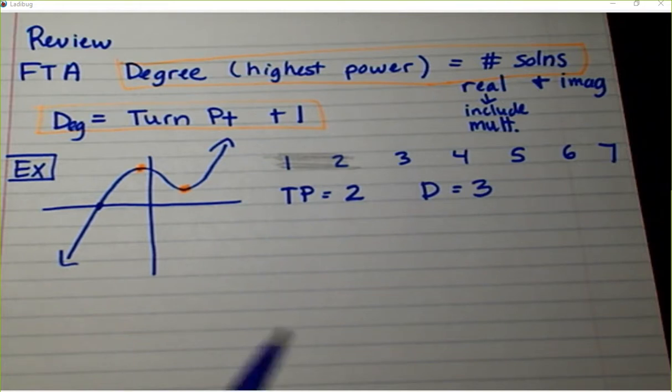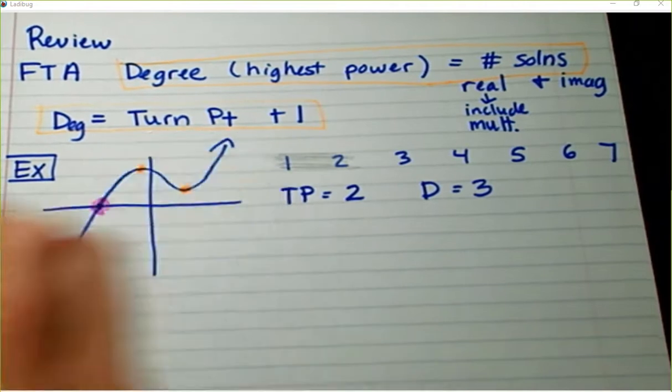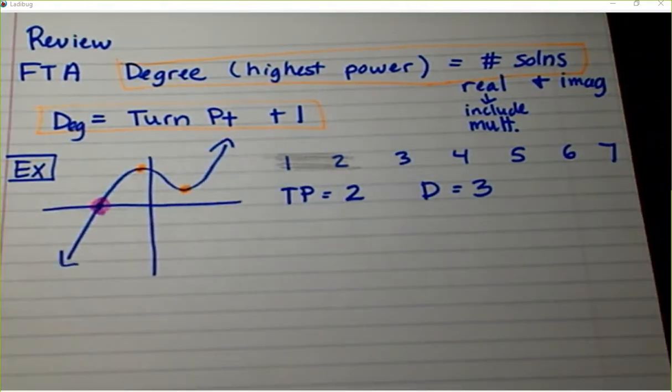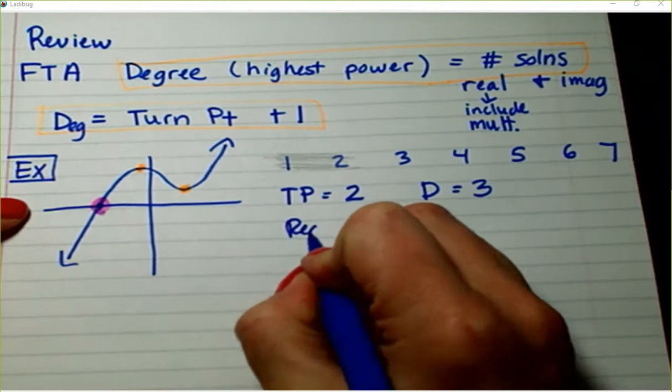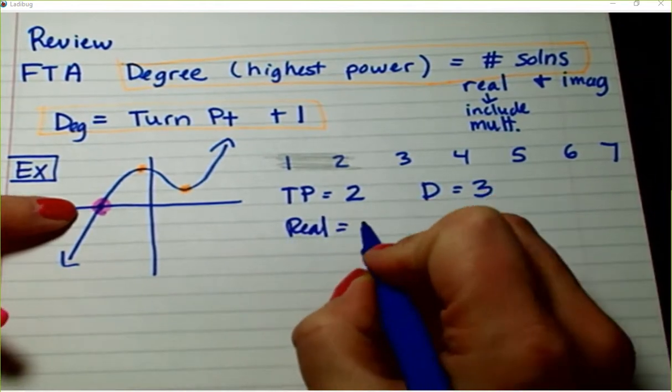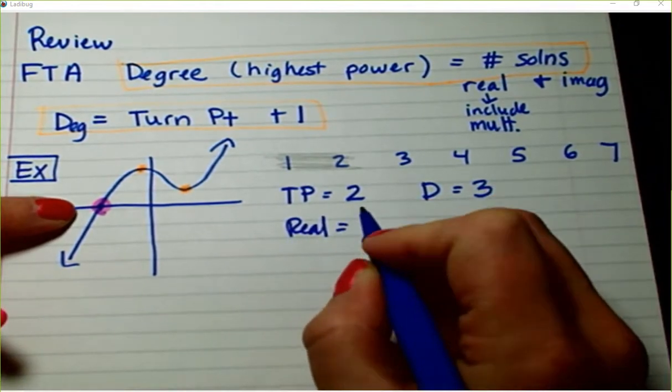Okay, so next, I'm going to look at the real solutions, the things that I can see. No, there's 2 turning points. The degree is always 1 more than the curve. Okay, so I see 1 x-intercept, which is repeated once.